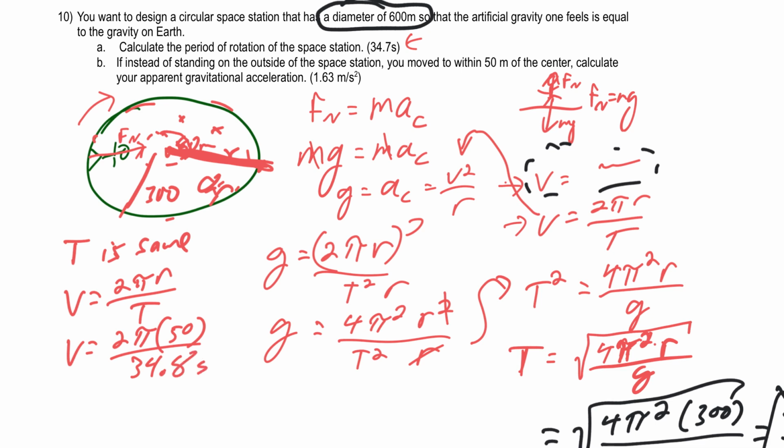So I get a new velocity of 2 pi times 50 divided by 34.8, about 9 meters per second, 9.03.